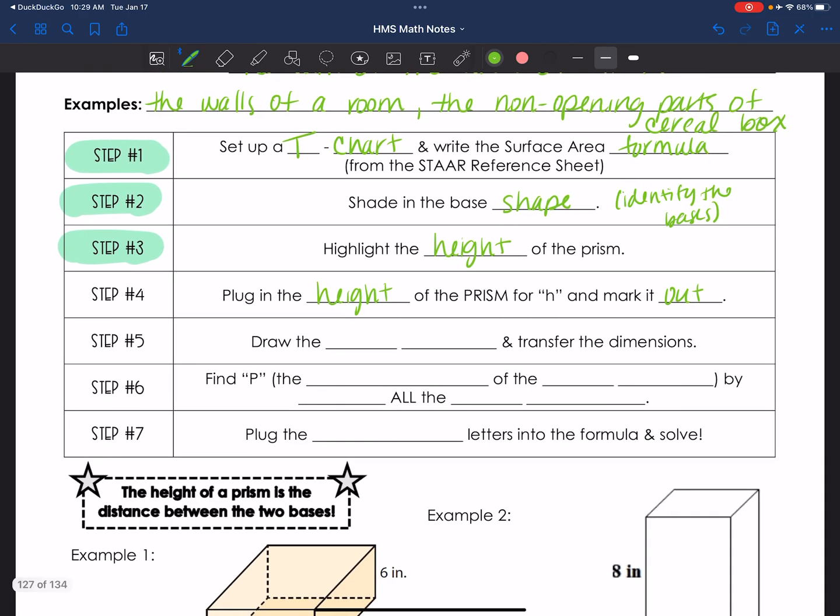Step five, we're going to draw the base shape and transfer the dimensions. Find P, the perimeter, capital P, right? It stands for the perimeter of the base shape, by adding all the side lengths together.